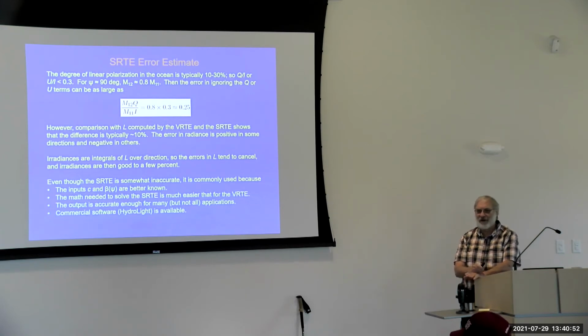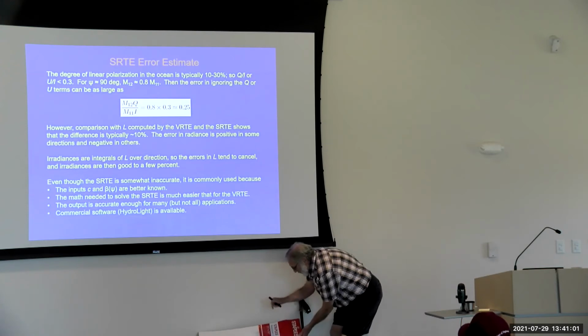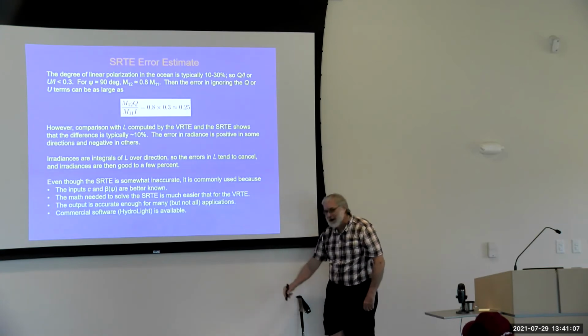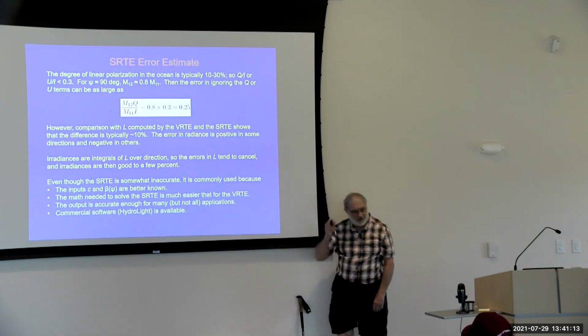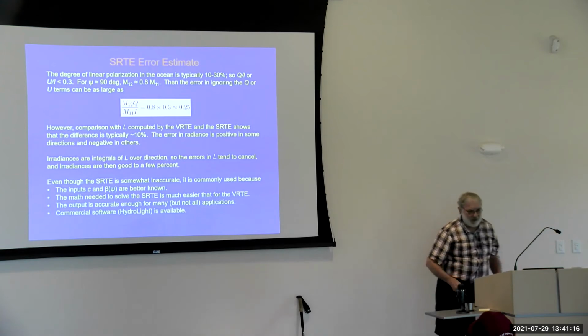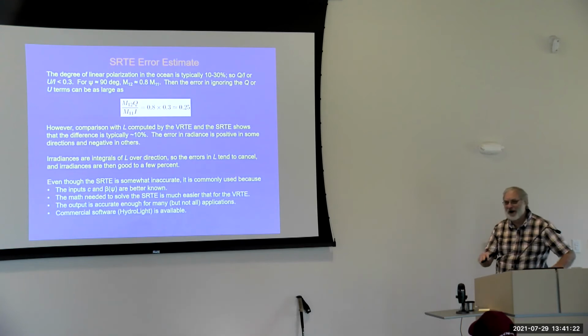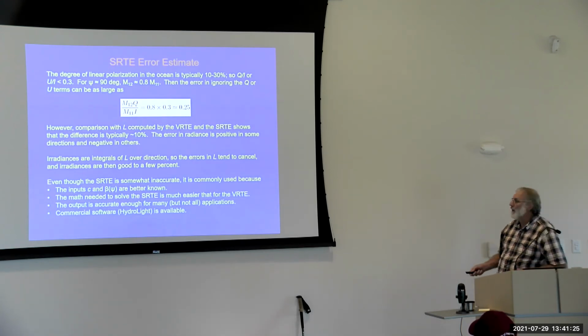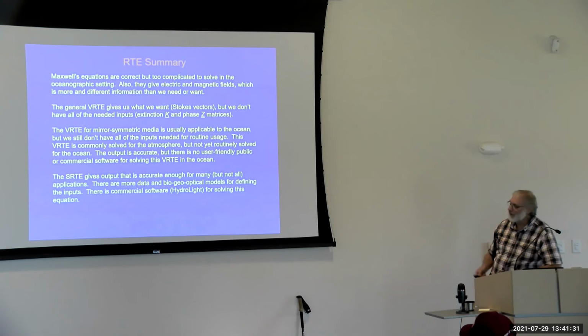It literally took me months of sitting at the kitchen table with big pieces of paper, writing with a normal pencil, and I would fill the whole piece of paper with one equation, line after line after line. That's what it took to work out invariant embedding theory for the vector equation. At that point, I said, I'm done. One of you can program that up and make a polarized version of Hydrolight, but it's not going to be me.